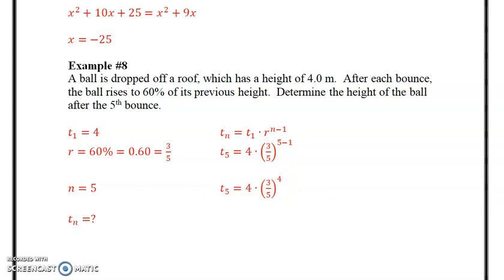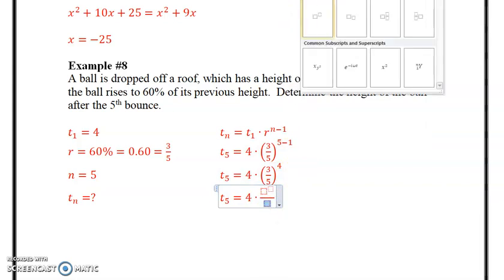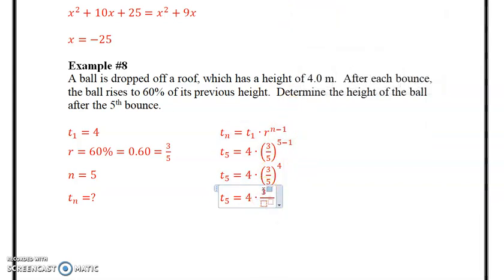So that becomes 3 to the power of 4, oh, my apologies, so it becomes 3 to the power of 4 and 5 to the power of 4. And then you multiply the whole thing by 4 when you're finished. So the 5th term is going to equal 4.